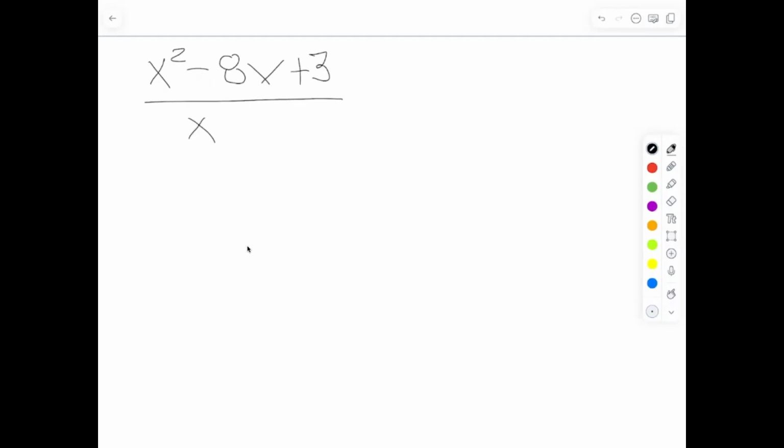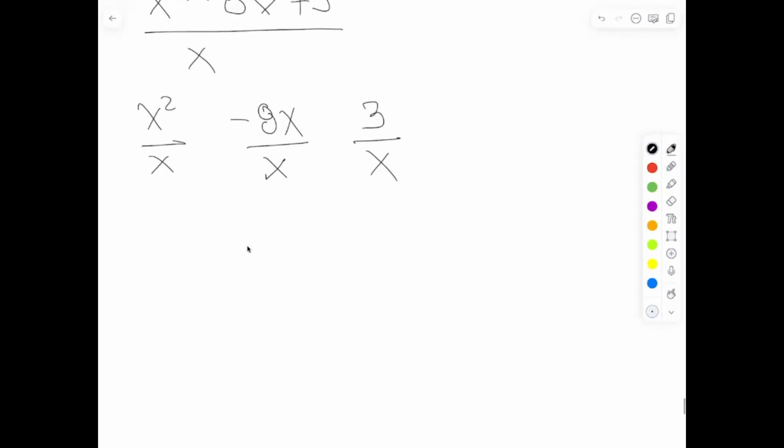So tell me, what do I got to do here? You would put all of the terms over x. Okay, so this is pretty good. So here I'm going to get what? What's 2 minus 1? 7x.